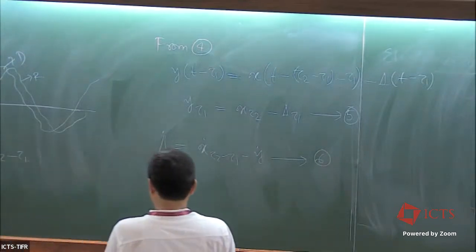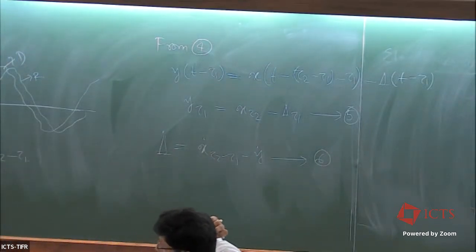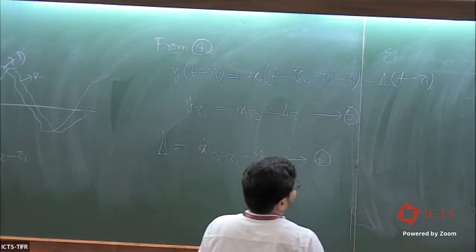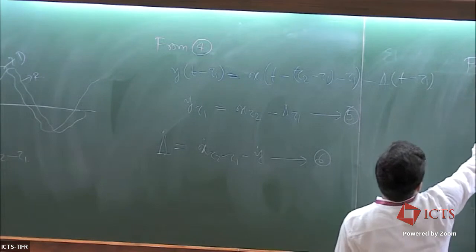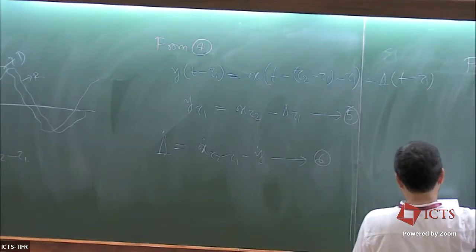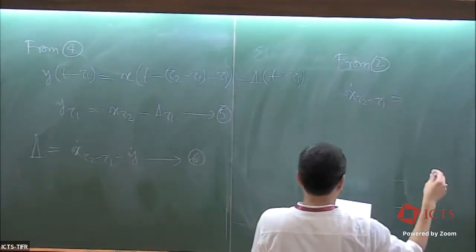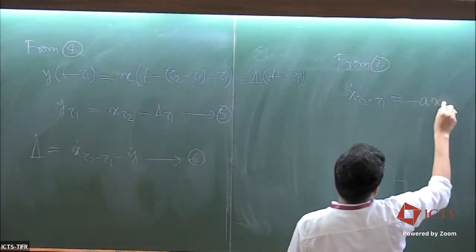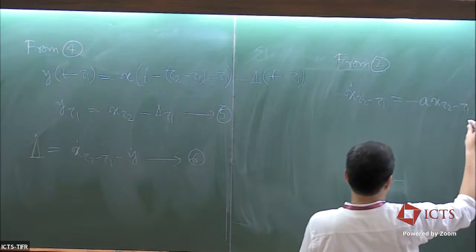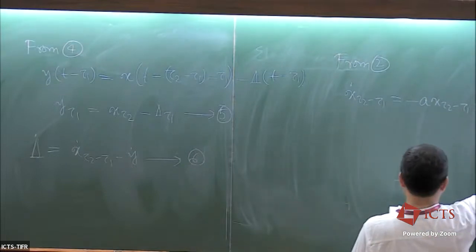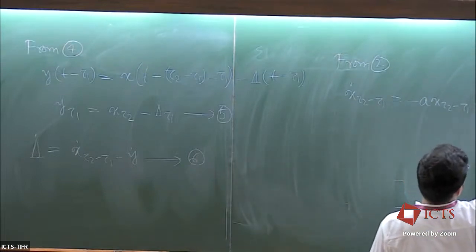And if we substitute these in equation 2, then we can get x of t minus tau 2 minus tau 1 dot is equal to minus a x of t minus tau 2 minus tau 1 plus b1 f of x tau 2.